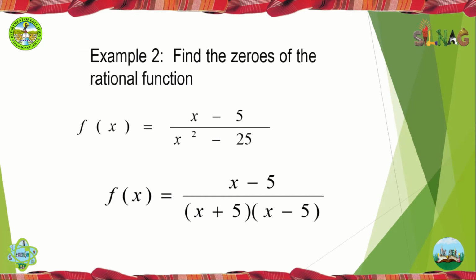Find the zeros of the rational function f of x is equal to x minus 5 over x squared minus 25. So the first step, we have to factor the denominator. So we have f of x is equal to x minus 5 over the factors of the denominator, which are the quantity of x plus 5 and x minus 5, because it is a difference of two squares.